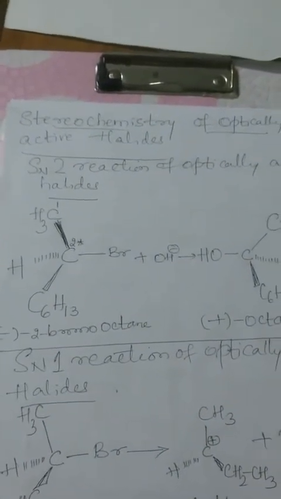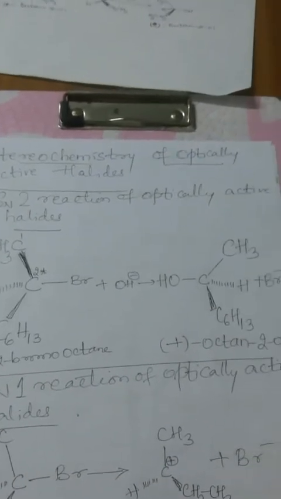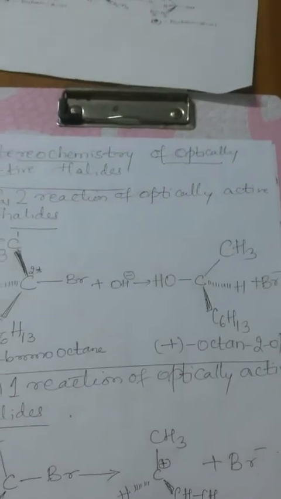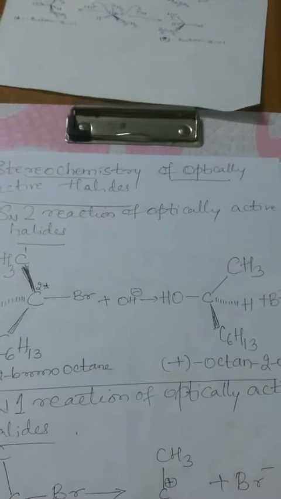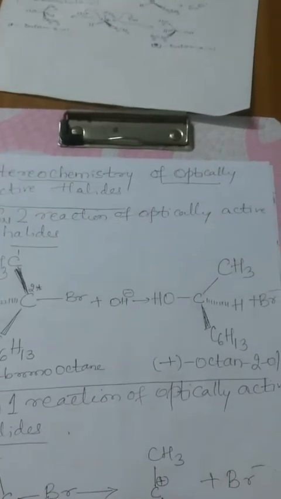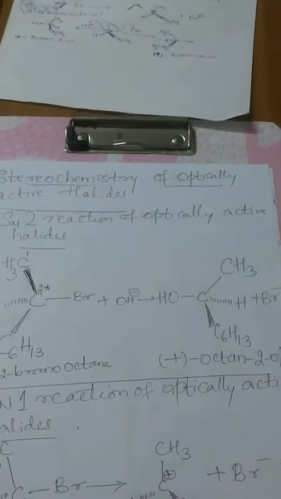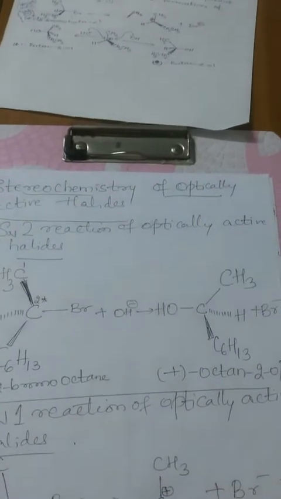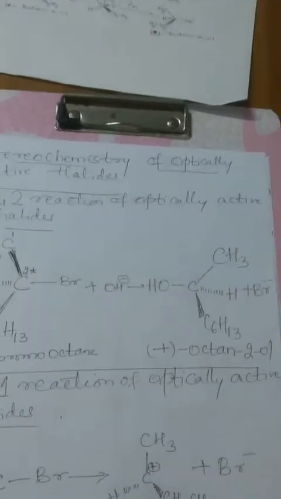You have started with (−)-2-bromo-octane and the product obtained is (+)-octan-2-ol. So if the alkyl halide taken is levorotatory, you will get the alcohol as dextrorotatory here. So this is regarding the stereochemistry of SN2 reaction mechanism. Only one example is mentioned for you all.